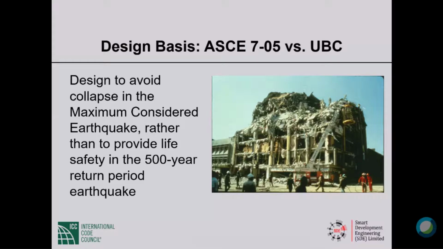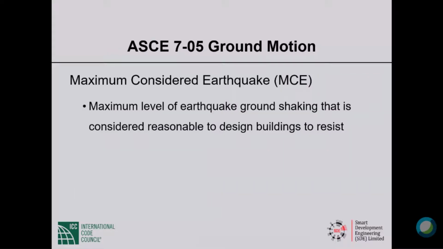In ASCE 7 and IBC, we have moved on to the new performance criterion that we just talked about, which is avoiding collapse in the maximum considered earthquake rather than providing life safety in the 500-year return period earthquake. This is a major shift that took place as we went from the so-called legacy model codes to IBC design or ASCE 7-05 design.